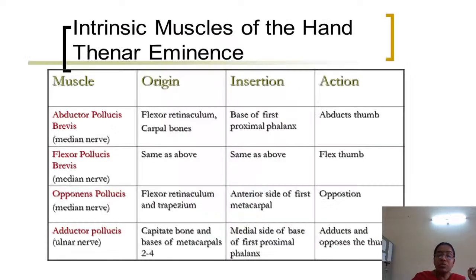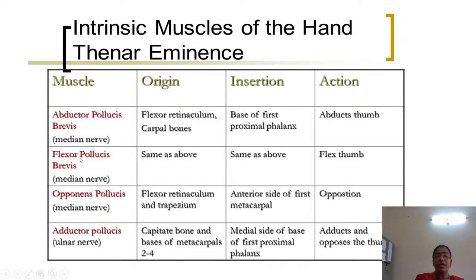Yes, when you see the nerve supply of the thenar group muscles, abductor pollicis, flexor pollicis and opponens pollicis are supplied by the median nerve, but unlike them, adductor pollicis is supplied by the ulnar nerve. In the last part of our class you will be seeing the nerve supply, and there you will come across why.